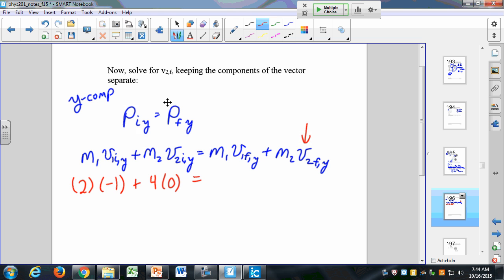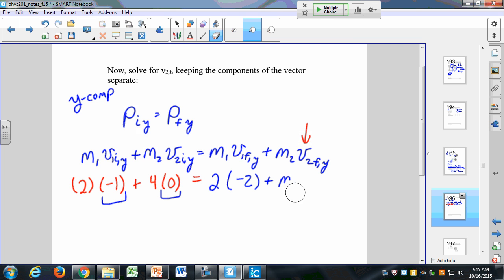I got a value for v2fy. Shane, you got it? 0.5 is right. That's what I got too. Is that what y'all got? So the key here is to make sure that you get your components right. Notice here I'm getting the y components of those initial velocities. m1 is 2 kilograms, v1fy was negative 2, plus m2, that's 4 kilograms.